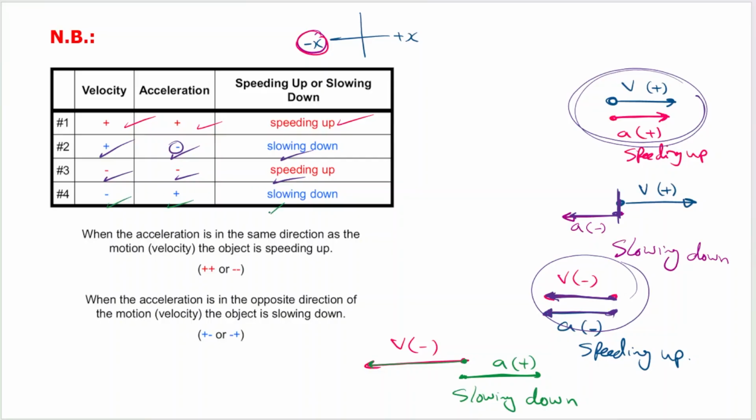So if the direction of velocity and the direction of acceleration are in two opposite directions, whatever their sign is, the object will slow down. But if the direction of velocity and acceleration is in the same direction, whether to the right or to the left, the object will speed up. Pay attention to this point.